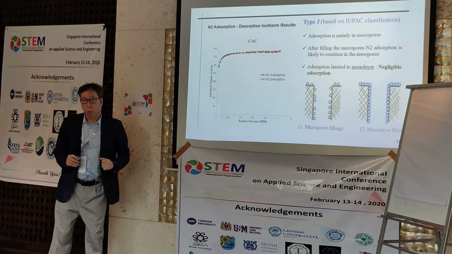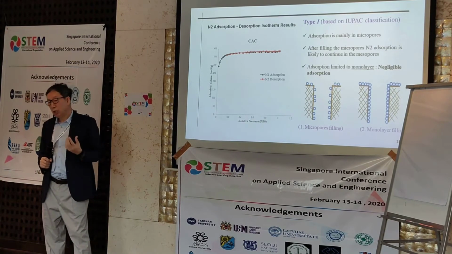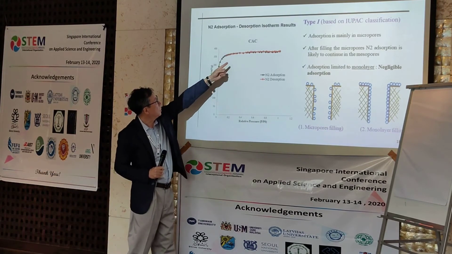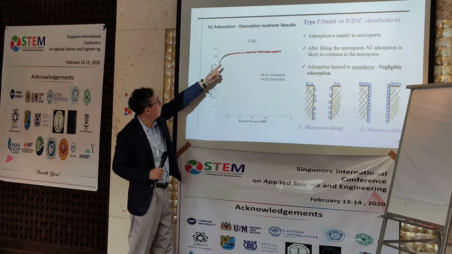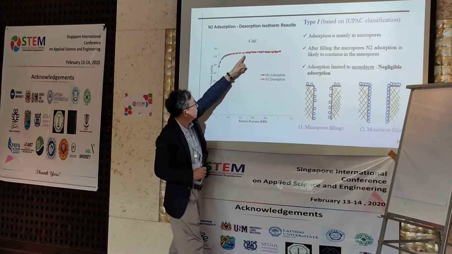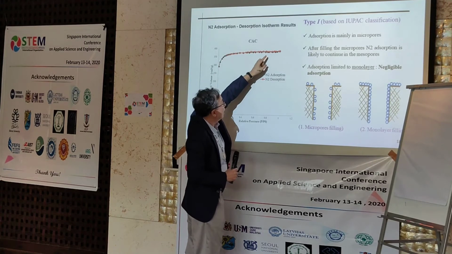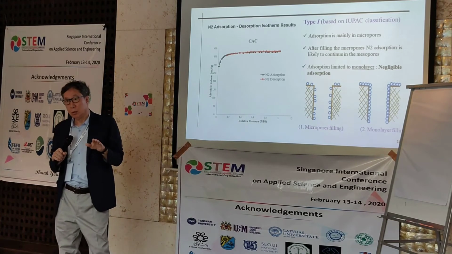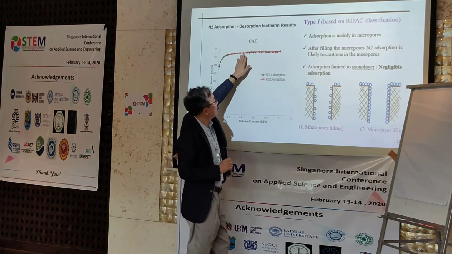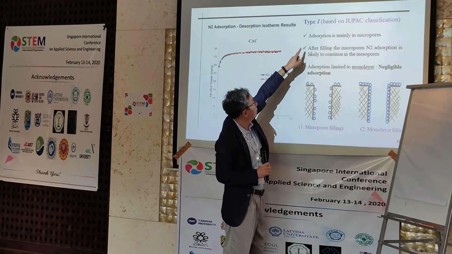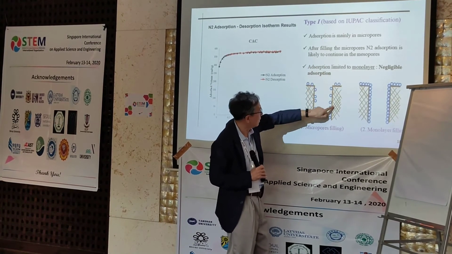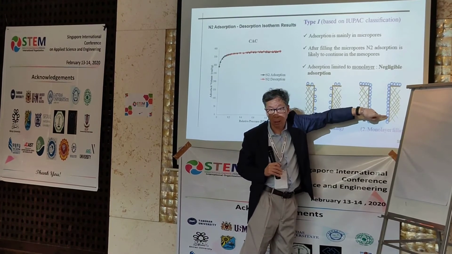And I focus on why TAC shows much higher sorption capacity than CAC. For CAC, commercial activated carbon, they show the curve like this one, sorption and desorption. And this is, by the IUPAC categories, type 1 classification, which means absorption is mainly in micropores and on the surface, like this, monolayer filling.